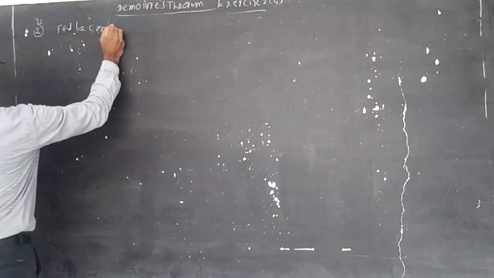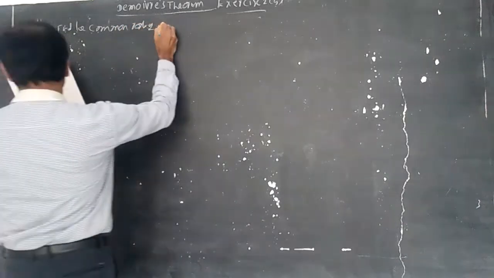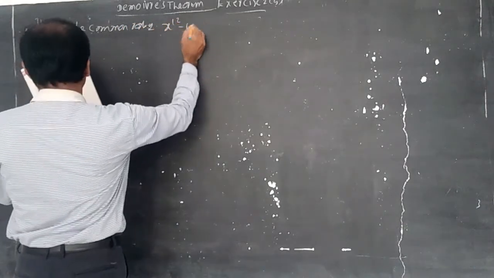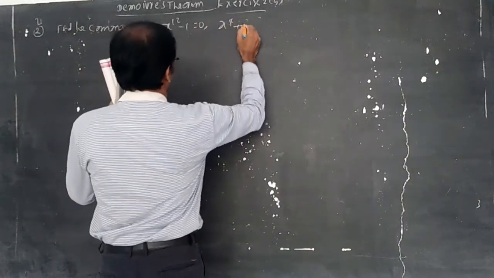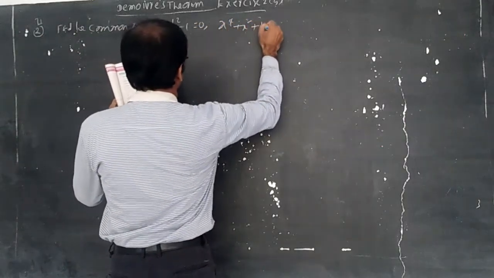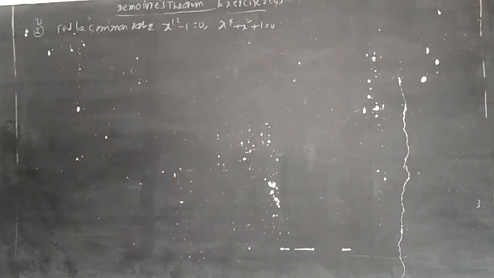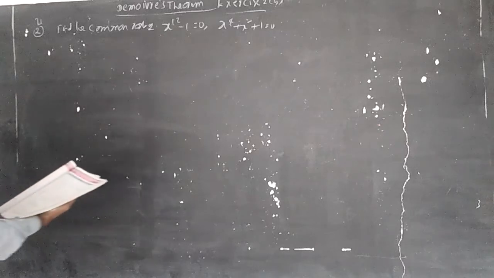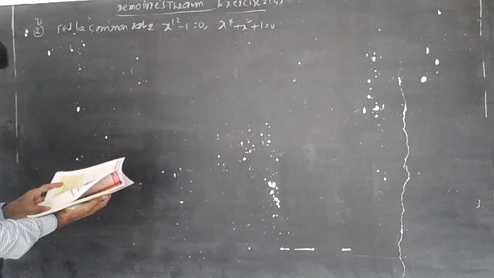Find the common roots of x power 12 minus 1 equal to 0, comma, x power 4 plus x square plus 1 is equal to 0. What is it? Simply omega. If you are substituting directly also, you can get the answer. It is omega. Roman number 2, second question, exercise 2b.